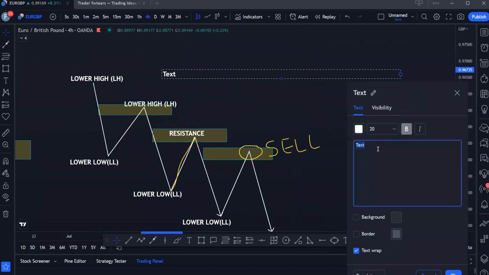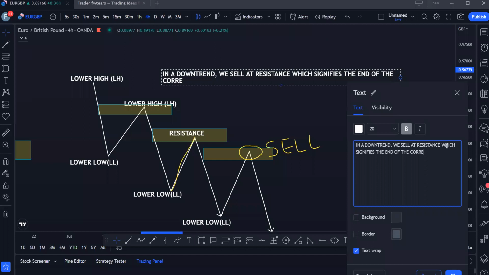Let's do it this way. In a downtrend, we sell at resistance, which signifies the end of the correction, or the end of the lower high.